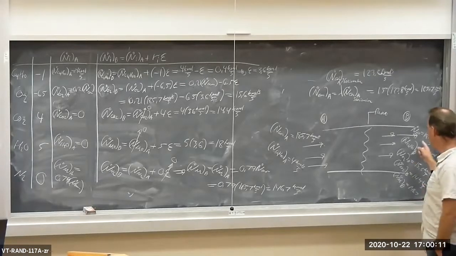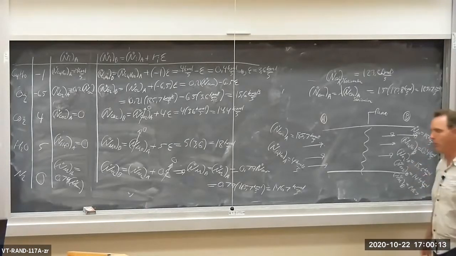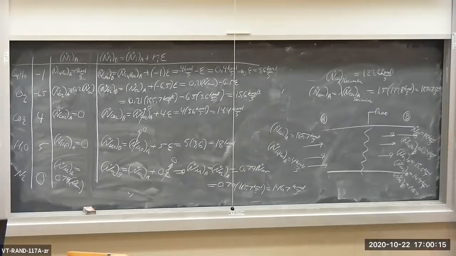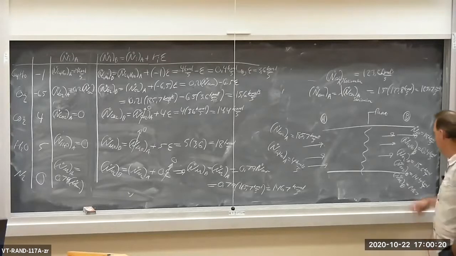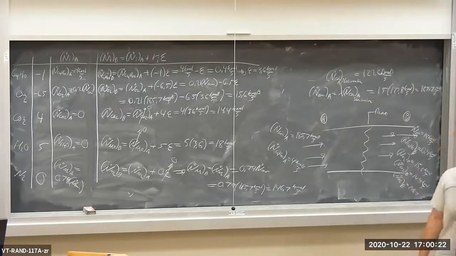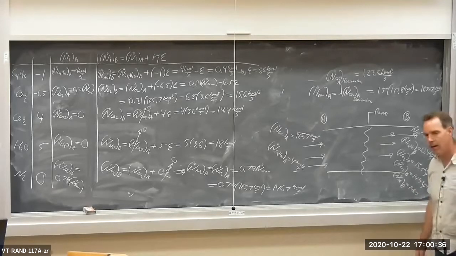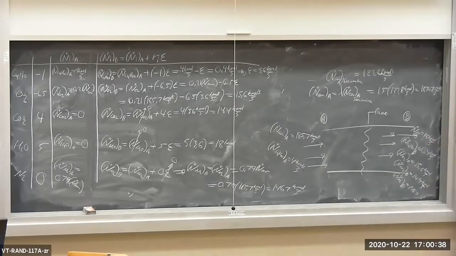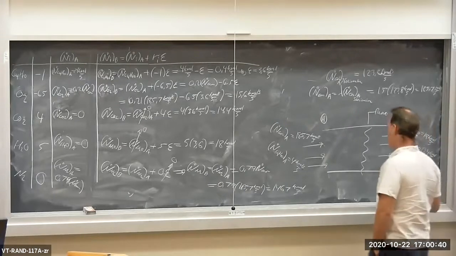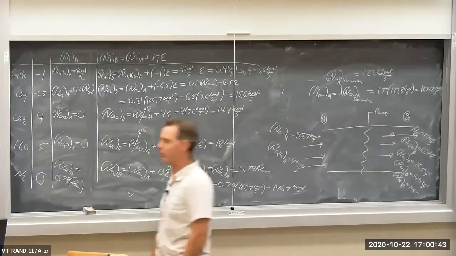The result is an outflow of 18 kilomoles per second of H2O, 0.4 kilomoles of unburnt fuel, 15.6 kilomoles of O2. So we have not only unburnt fuel, but we have 50% excess air. So there's a lot of oxygen in the products of combustion, the outlet. We have 14.4 kilomoles per second of carbon dioxide. And then we have 146.7 kilomoles per second of nitrogen.